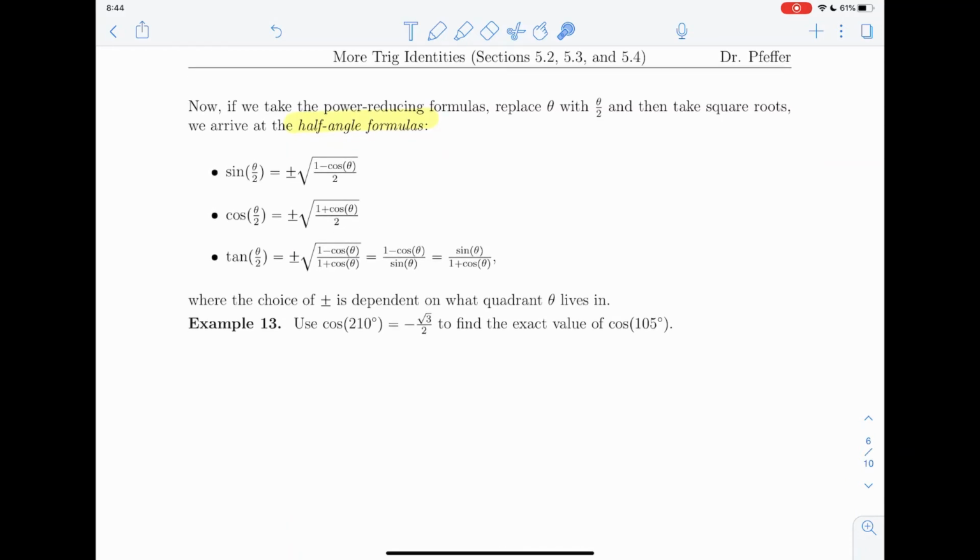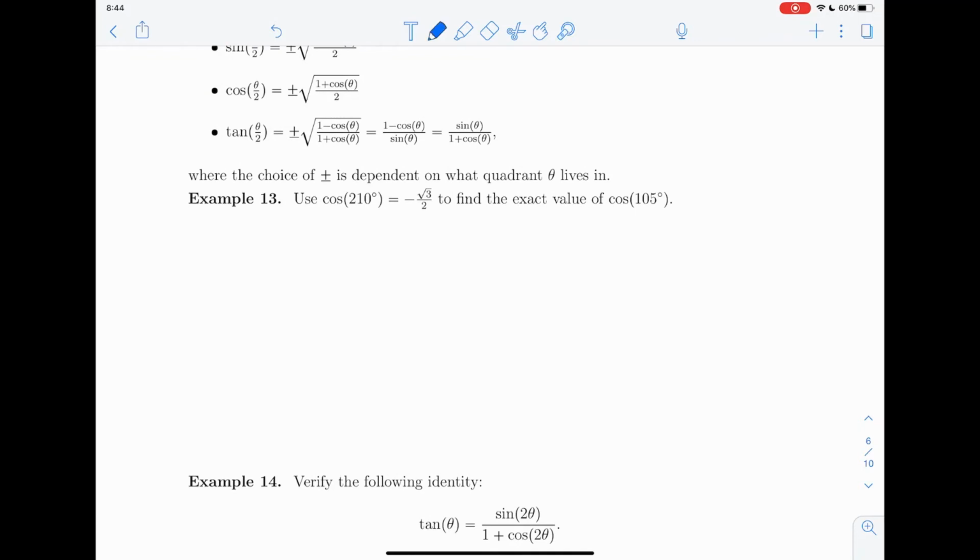Suppose you know that the cosine of 210 degrees is negative root 3 over 2. This is something you know because 210, if you graph that, has a reference triangle and a reference angle that's familiar to us. We'd like to now try to use this information to find the exact value of cosine of 105. This is an unfamiliar reference triangle.